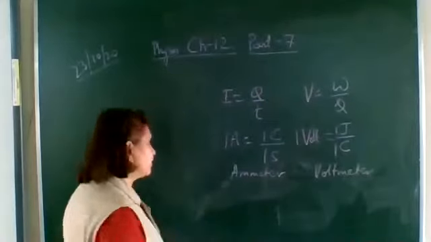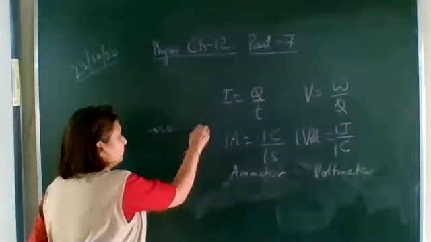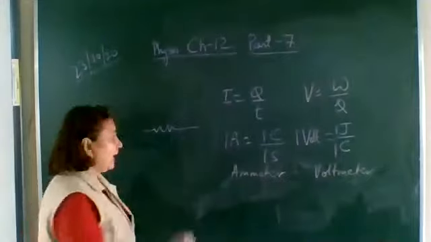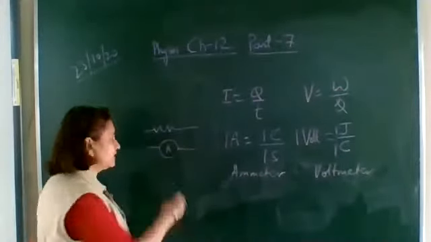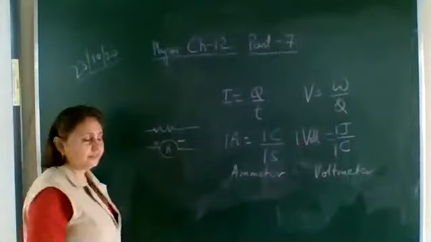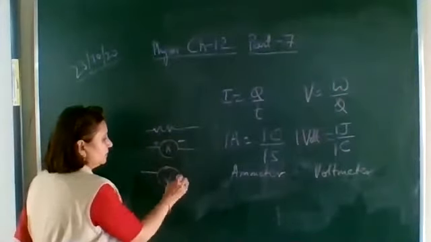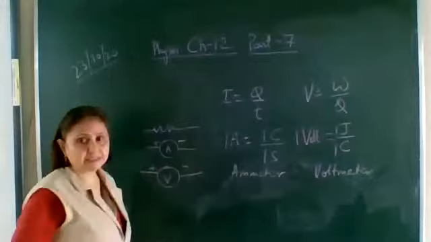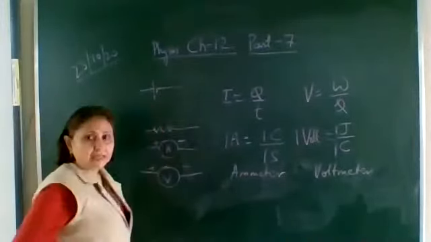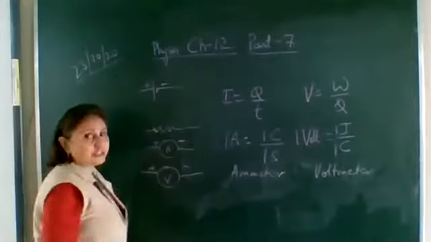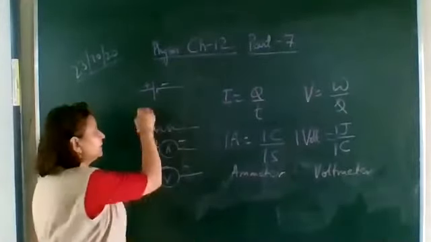A resistance is represented by this symbol. An ammeter is represented by this symbol, which has a positive and negative terminal. A voltmeter is represented by this symbol. A cell can be written with this longer line, the positive terminal, and the shorter one, the negative terminal.